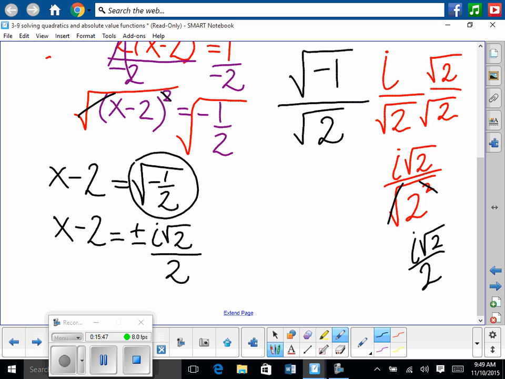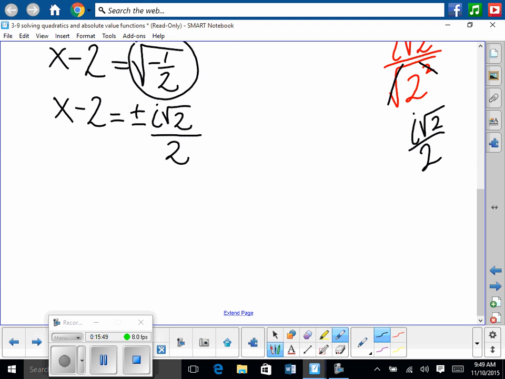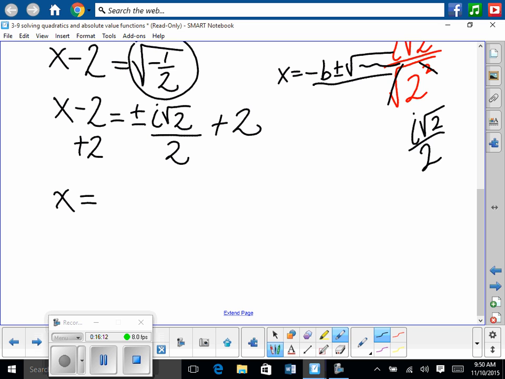Are we all okay? So then from there, I'm going to get x alone. What am I going to do? Add 2 to both sides of the equation. So then we have x is equal to. Now I'm going to push you to write it correctly. You'll write it in the form of the quadratic formula. So if you think about it, the quadratic formula is x equals negative b plus or minus the square root of that stuff all over whatever.